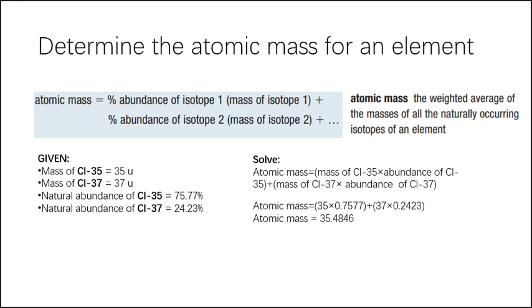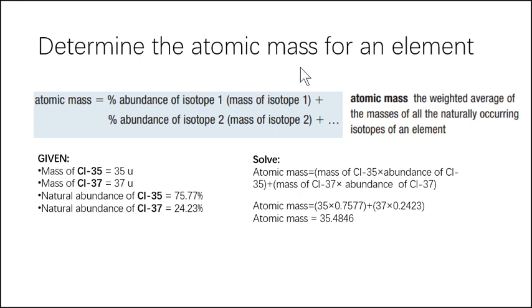When we calculate the atomic mass, we should consider both the mass and the abundance of each of the different isotopes of an element. And the atomic mass equals the percentage of abundance of isotope 1 multiplied by the mass of isotope 1, plus the percentage of abundance of isotope 2 multiplied by the mass of isotope 2, and keep going.